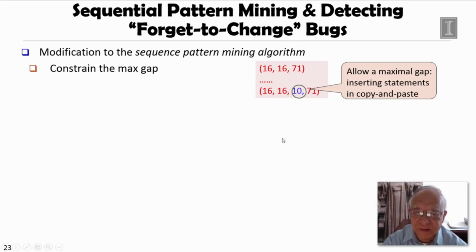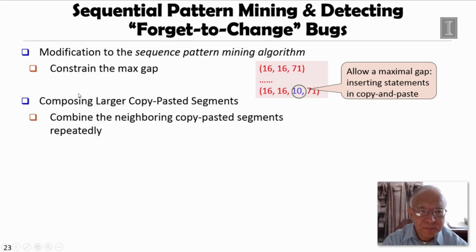You count these as the same kind of sequence, but you don't want them to insert too many statements in the middle because they could be completely different things. So we can constrain the maximum gap to a small number of statements. Then we still say these two code sequences are the same sequential pattern.